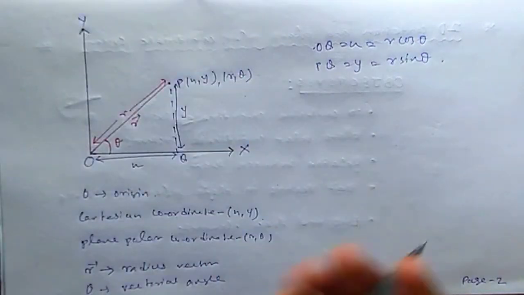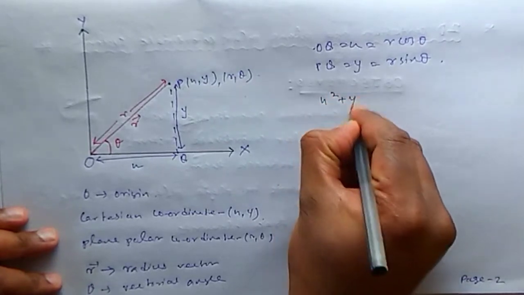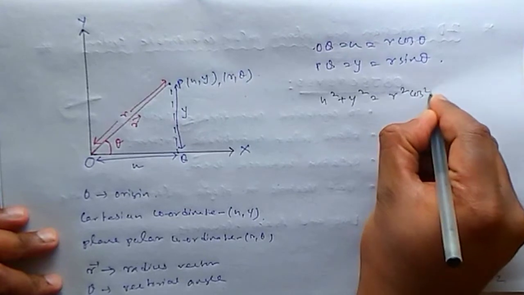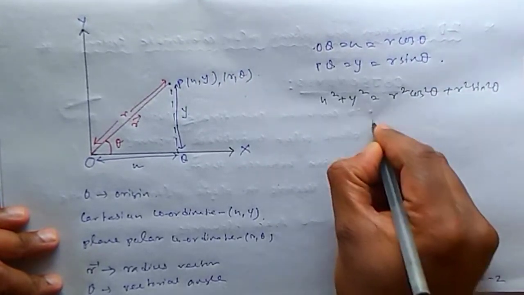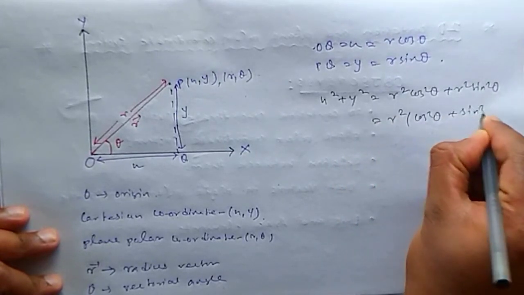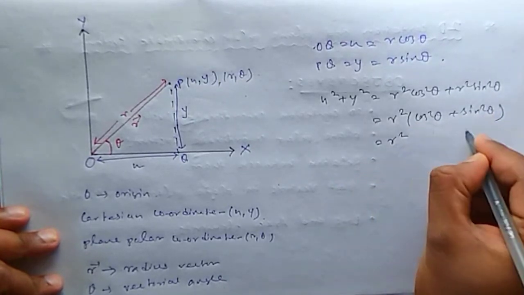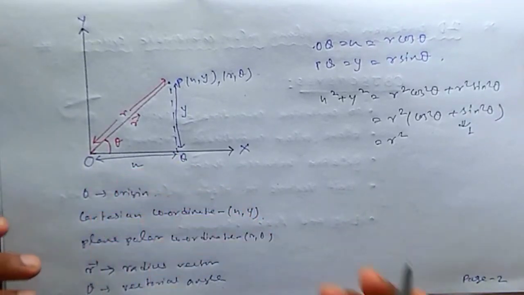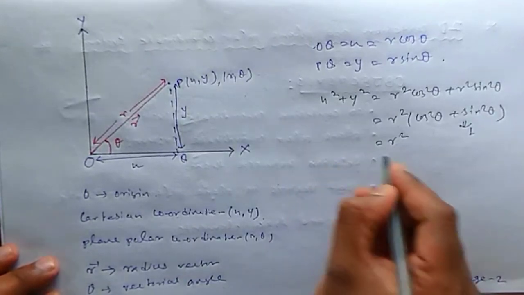Now if we take x square plus y square, then we see r square cos square theta plus r square sin square theta is equal to r square (cos square theta plus sin square theta), which is equal to r square. This is one relation.